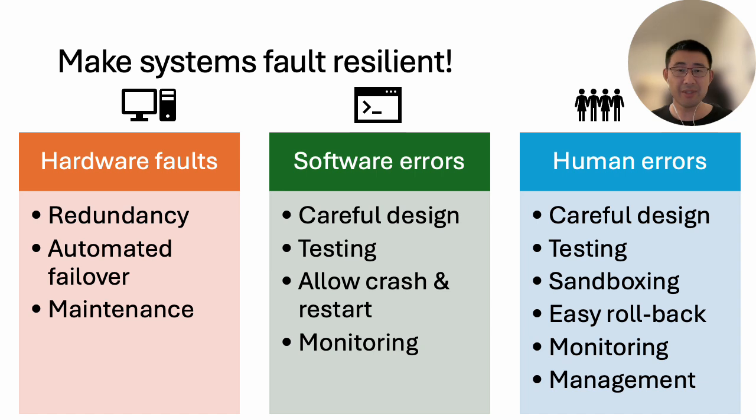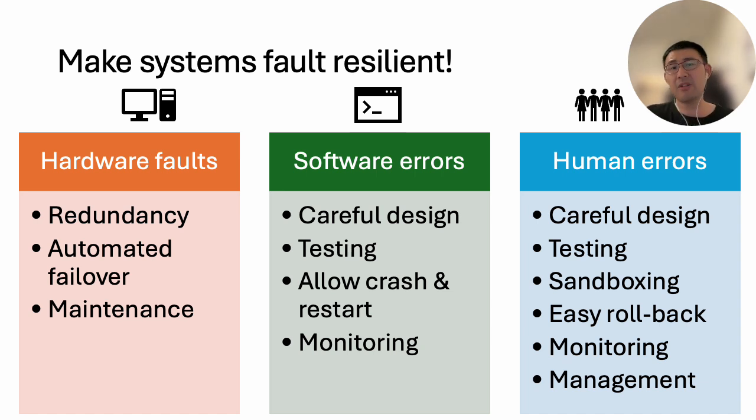Or in fact, sometimes we can even manually trigger some of the crashes to make sure the system is robust, that we have our failover mechanisms. And of course, we can always monitor to catch software errors immediately, and then we just fix it.